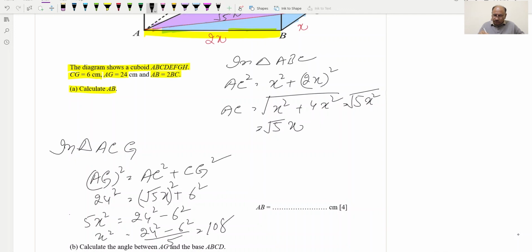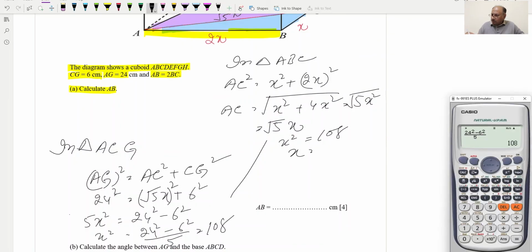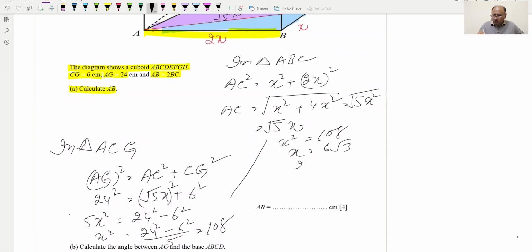So x squared is equal to 108, and x will be equal to the root of the answer, which is 6 root 3. And 2x is basically this AB, so AB is equal to 2x, which is equal to 12 root 3. So 12 root 3 centimeters will be the answer for this one.